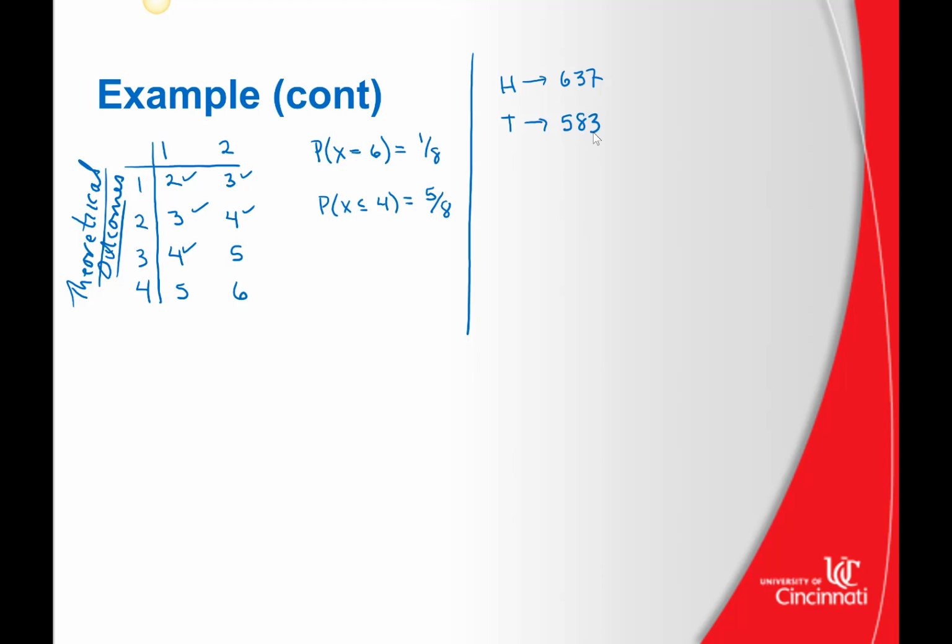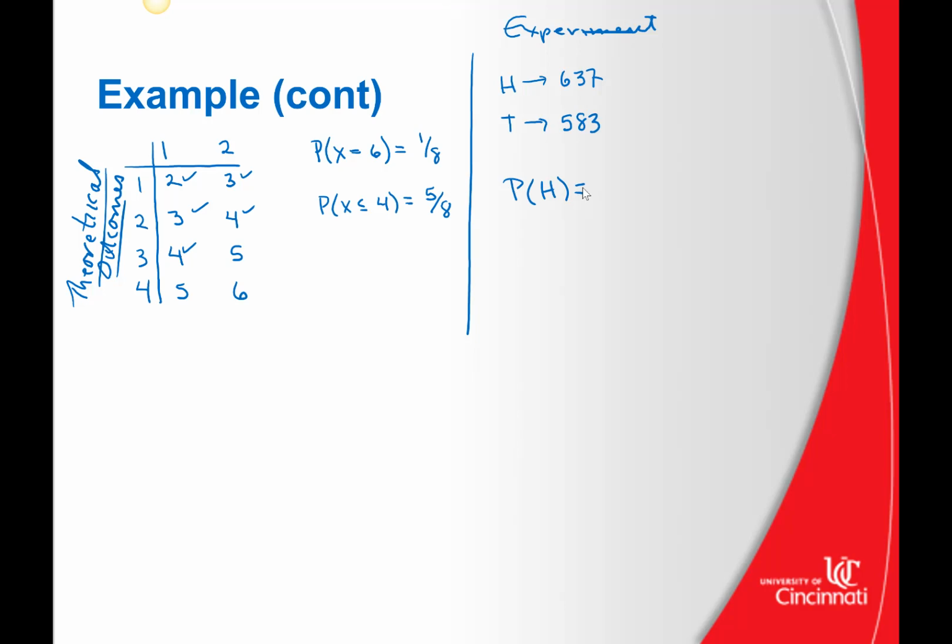We added up everybody's total heads, everybody's total tails. Boom, there we go. If we're doing this experiment, we could, from this, compute what does it appear the probability of flipping a head is.